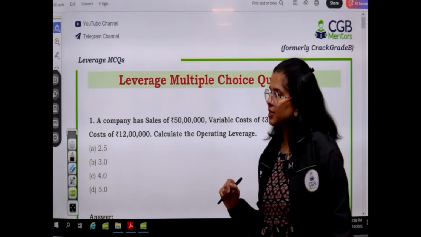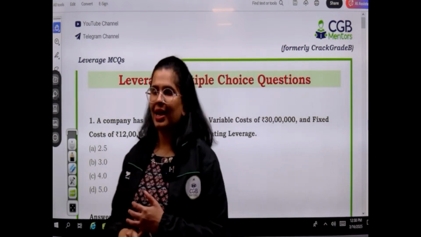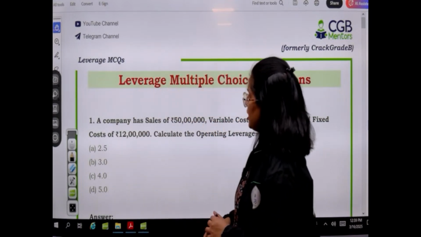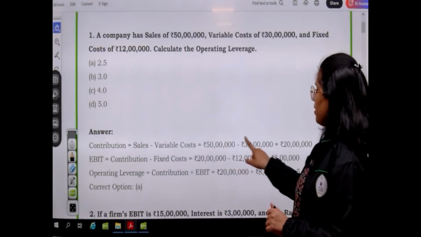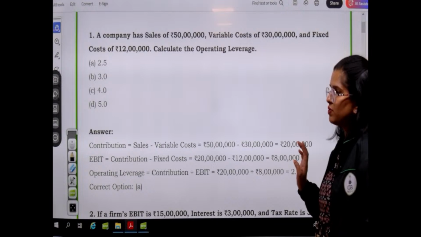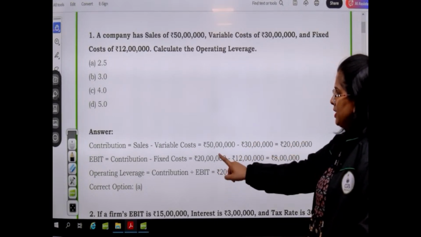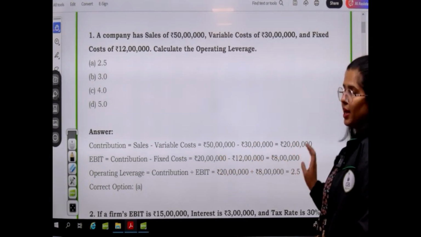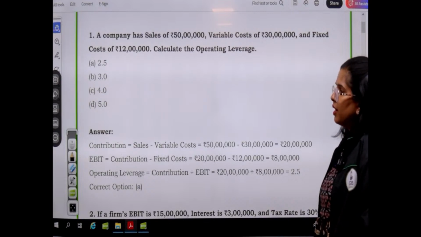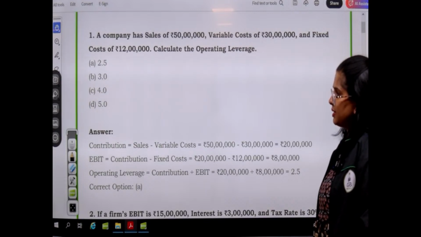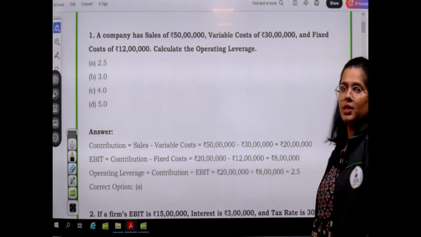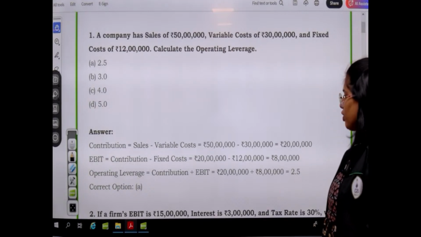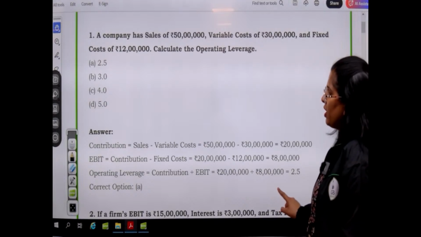So sales less variable cost, you have 20 lakh rupees worth of contribution. 20 lakhs less 12 lakh, 8 lakh is your EBIT, earning before interest and taxes. Finally, operating leverage is contribution divided by EBIT and your answer is 2.5, right?